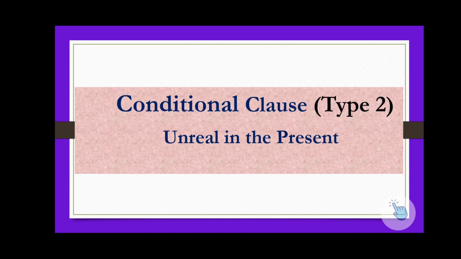So this lecture is the extension of the previous lecture, or you can call it part 2. Here we will discuss in detail the type 2 conditional clause, which is also called the unreal conditional clause. So let's start.